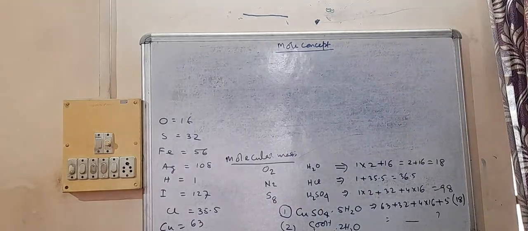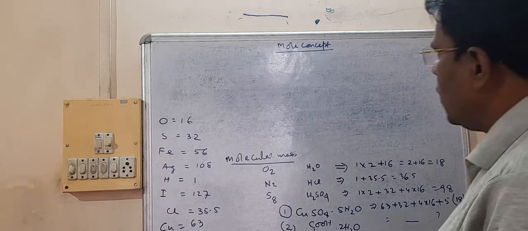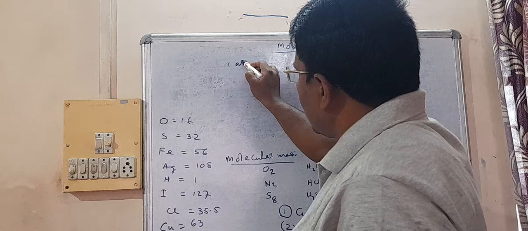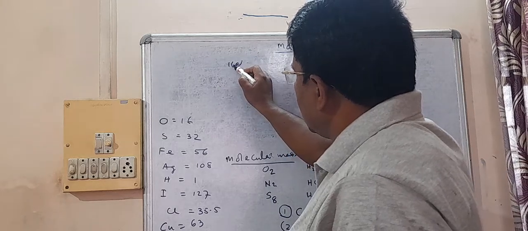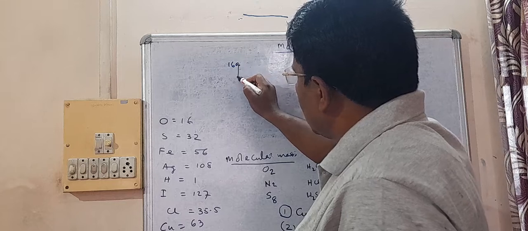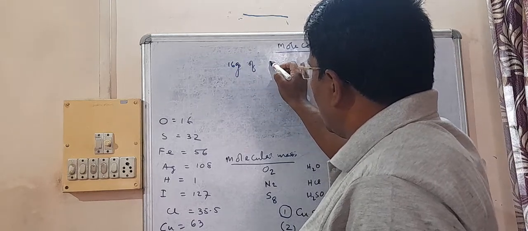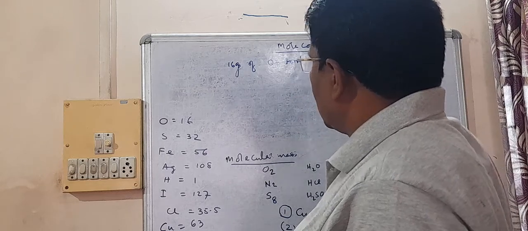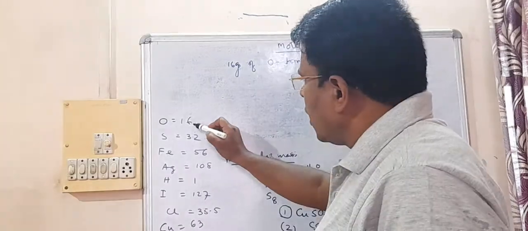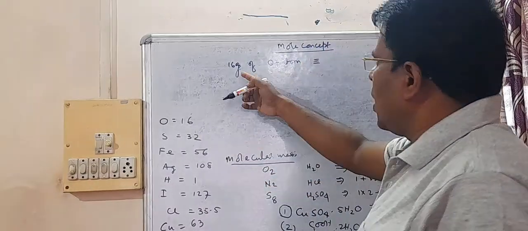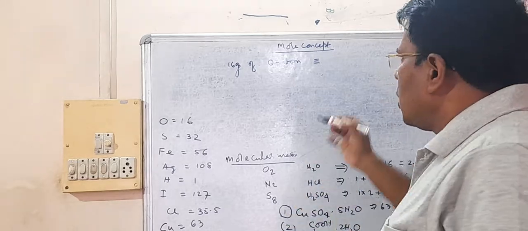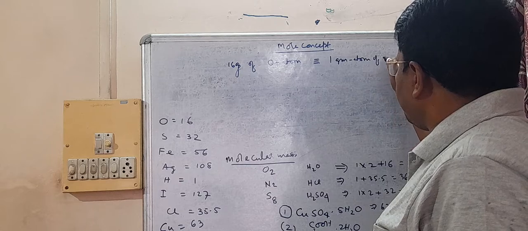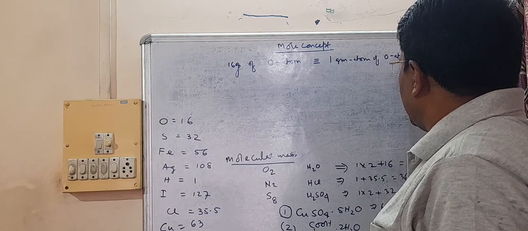Okay, now according to the mole concept, we have all these things. Here, 16 gram of oxygen atom. Like the atomic mass of oxygen is 16, so that's why I am writing 16 gram of oxygen atom. It will mean 1 gram atom of oxygen atom.